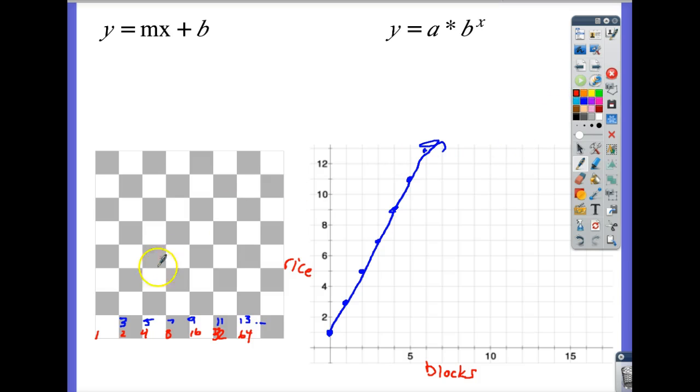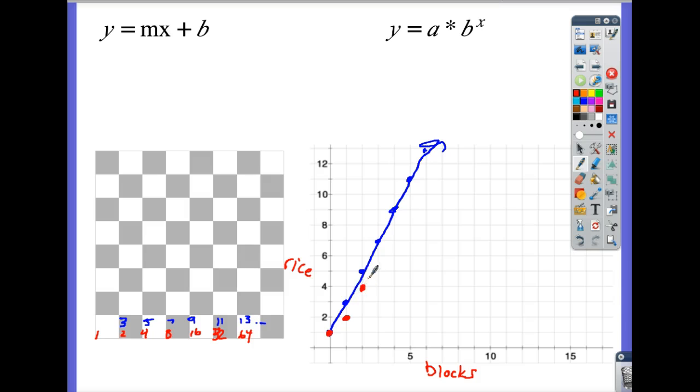Let's try the exponential one where there's a growth factor. We're still starting at 1, but on the next block we multiply by 2, which is less than the linear here. On the next block we multiply by 2 again, so it's going to be 4.